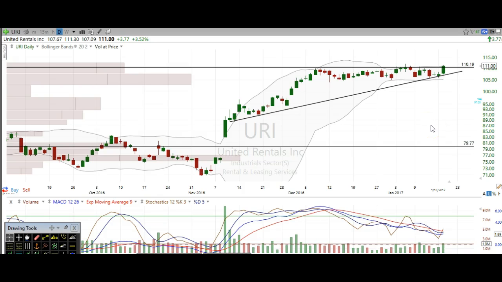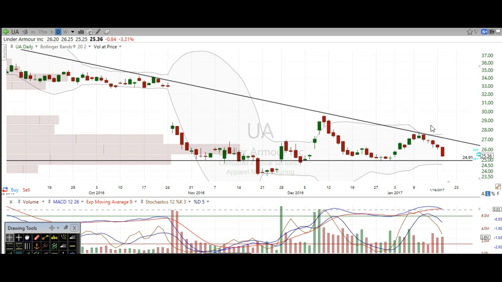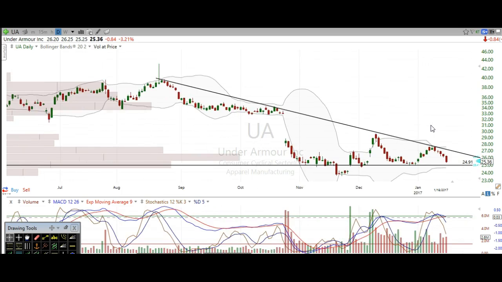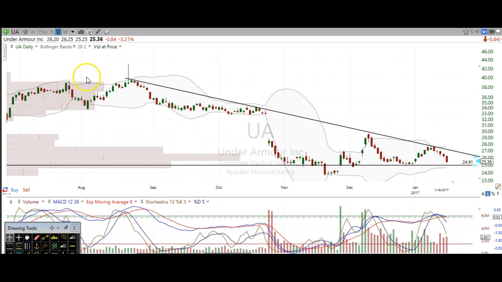The next one we're going to take a look at is UA. And UA, clearly in a downtrend here. I'm going to back it up so you can see this. This is the important part right here. You want to see the downtrend started right here. Got a touch here, here, rejection there.